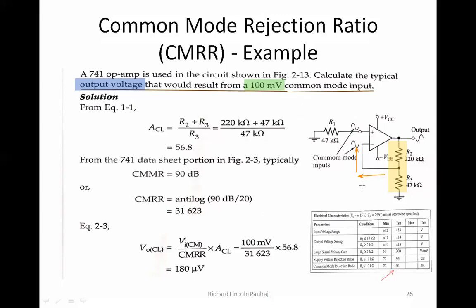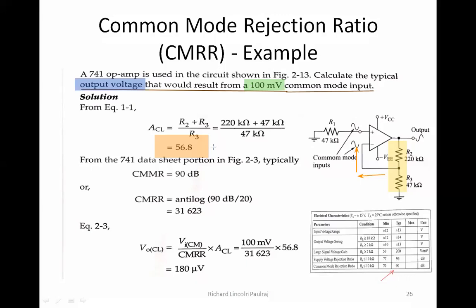Okay, fine. So if you can calculate this, have you verified the value? Are we getting 56.8? Someone please help me out in verifying these values. Are we getting 56.8? Yes, sir.